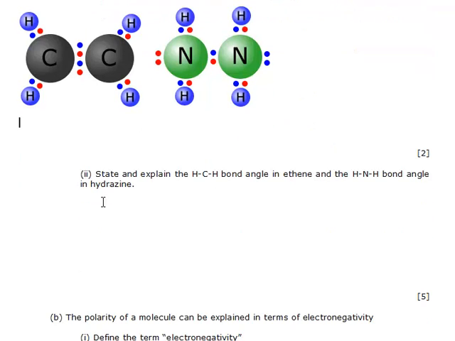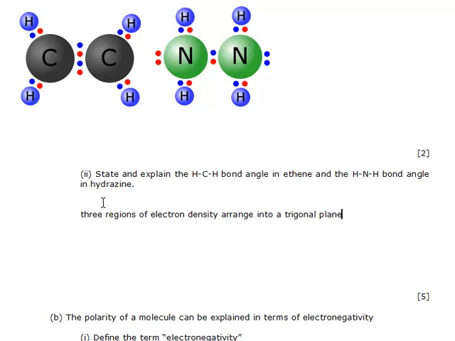State and explain the HCH bond angle in ethene. Well, ethene, we've got 3 regions of electron density. So the 3 regions of electron density arrange themselves into a trigonal planar structure.